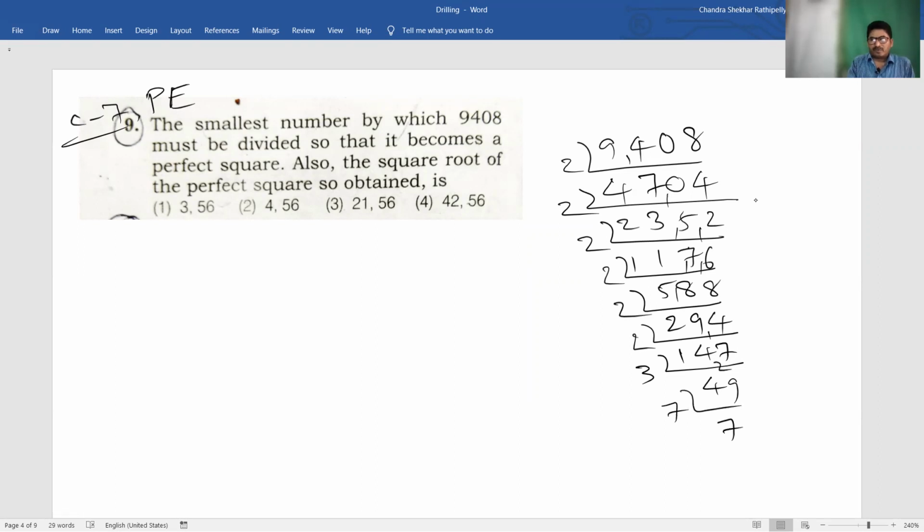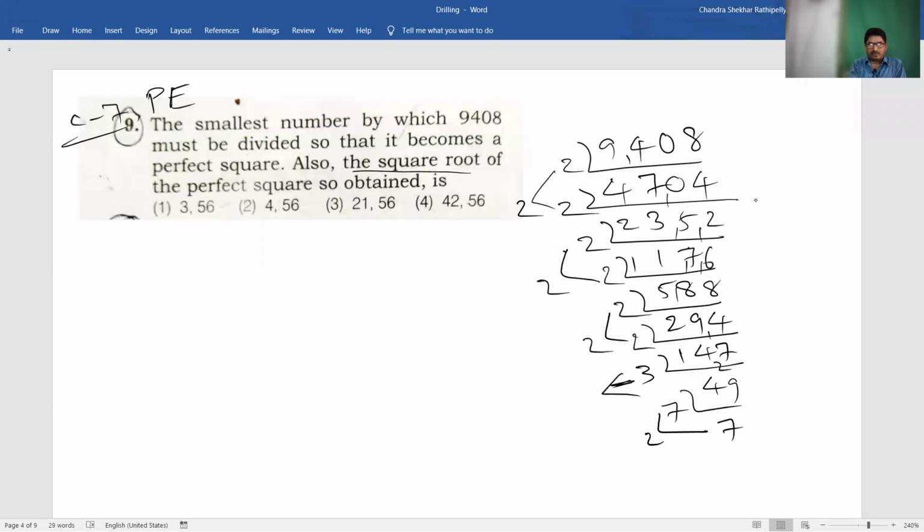So children, if we make pairs: 2 2, 2 2, 2 2, for this 3 there is no pair. So if we divide with this 3, it will be a perfect square. And also we have to find the square root.